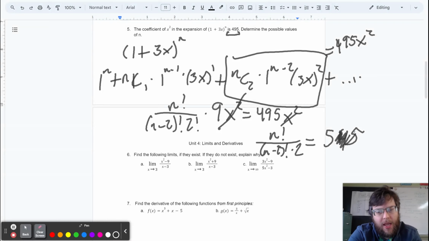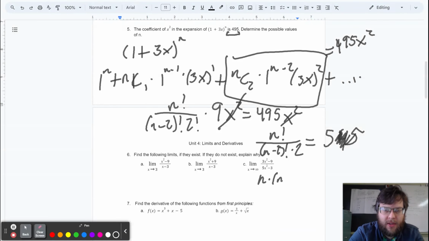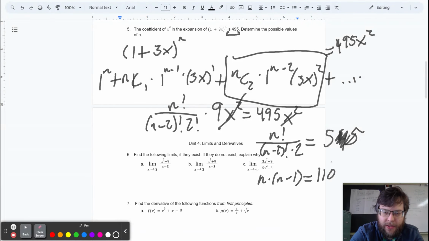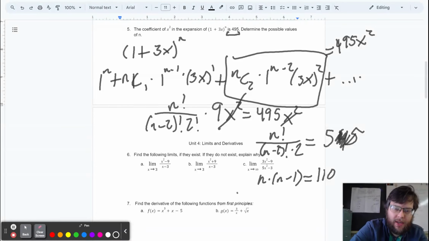55 times. And so then if I cancel out the factorials, then I'd have n times n minus 1, because I cancel out all of the n minus 2 and below terms. And 2 times 55 is 110. So n times n minus 1 needs to make 110.